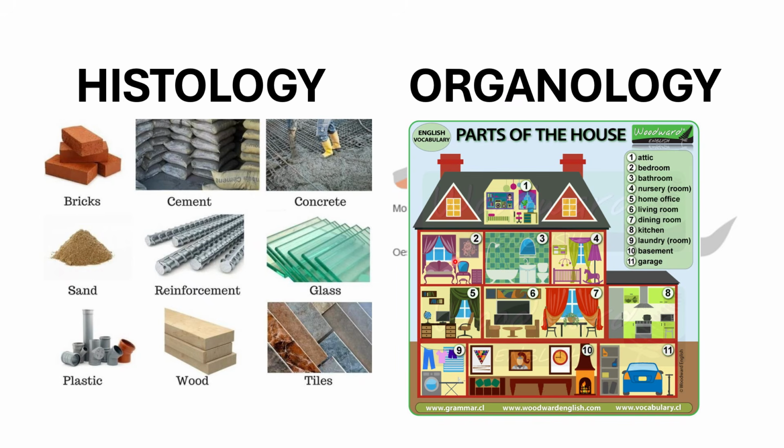in organology, we will be talking about the actual rooms of the houses. For example, in this bedroom, or for example, if this is the organ in the liver, in the right corner, it is made up of glass and metal, right?